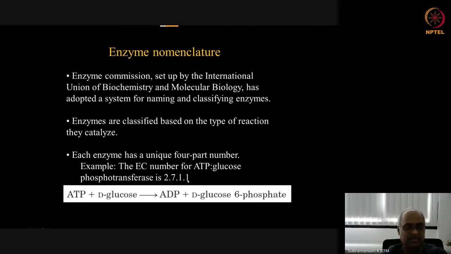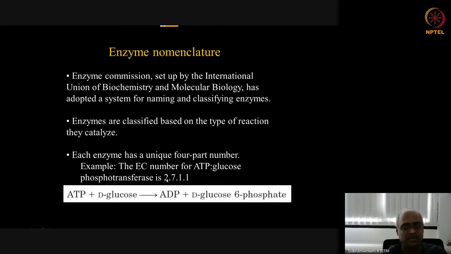It specifically identifies a given enzyme. So the main focus is the type of reaction that they catalyze. That is the basis used by the International Union of Biochemistry and Molecular Biology, which has a subcommittee called the Enzyme Commission, and this Enzyme Commission is the one that gives the name.